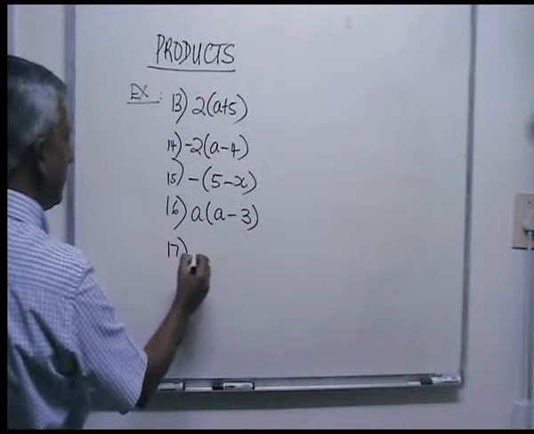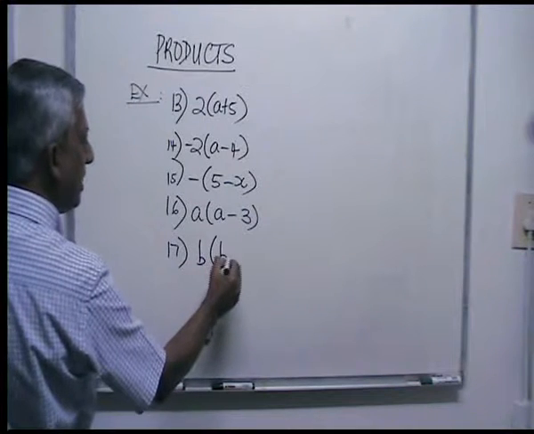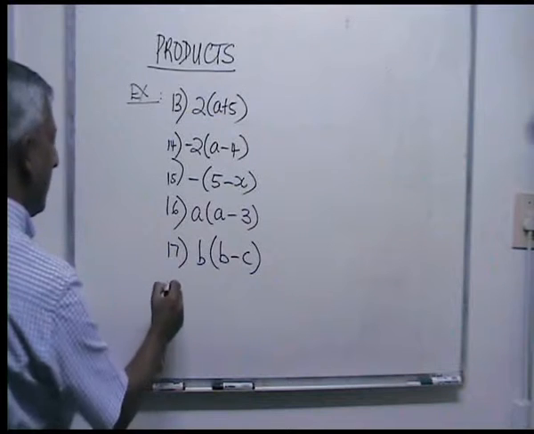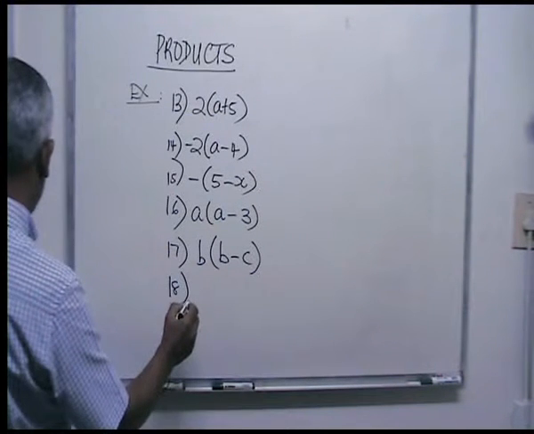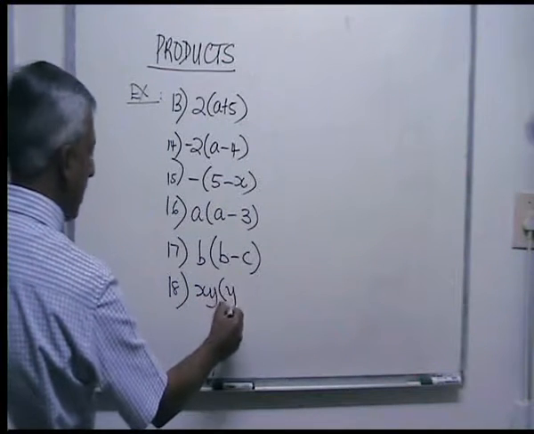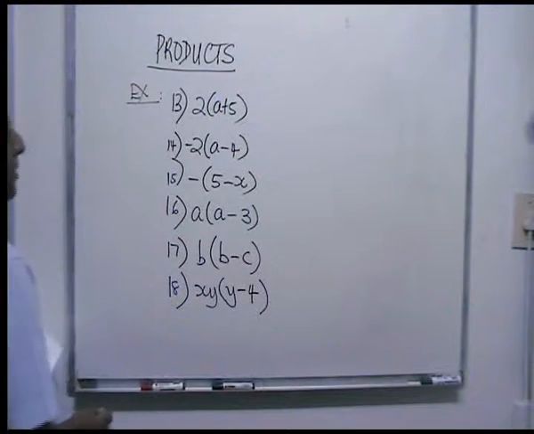Number 17, b into b minus c. And number 18, xy into y minus 4.